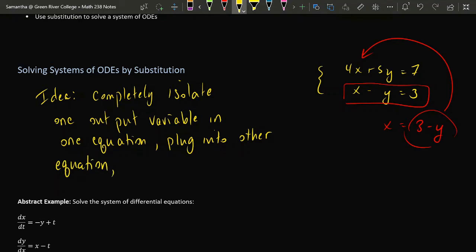Now your equation, if everything has gone correctly, should only have one output variable in it. So then you can solve for the value of that output variable, similar to how we would be able to solve this equation after substitution for y.